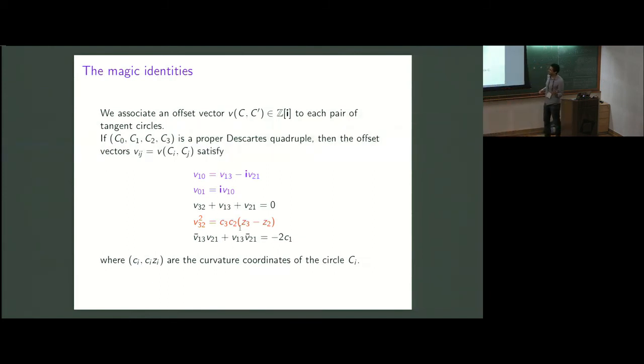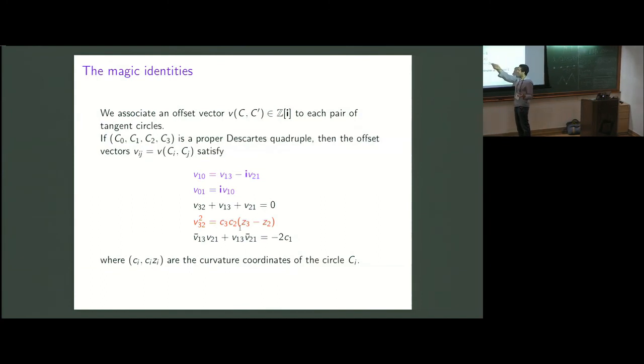And then you go and check by induction that the v's also obey a whole bunch of other useful identities. Like, for example, this red identity. So I like this one. This one is saying, if you look at the difference between the centers of two tangents, the location of the center of one minus the center of the other, that's some complex number, and it's not a Gaussian integer.